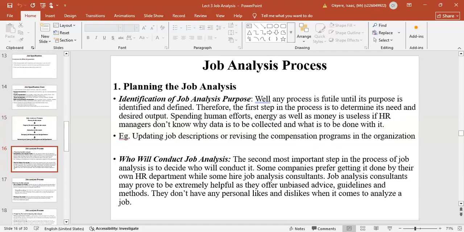Now, we are going to the processes of doing job analysis.